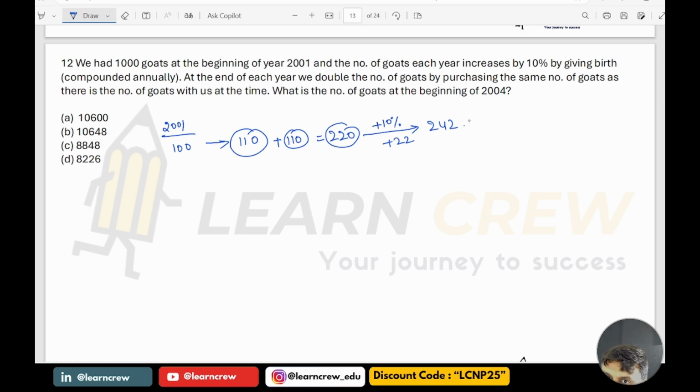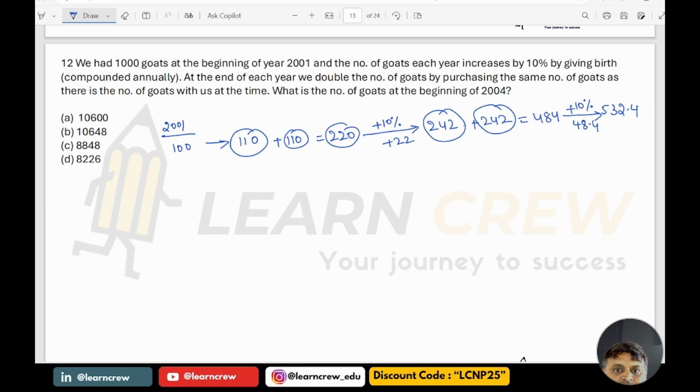Now again you are doubling this, so it becomes 484. This again increases by 10%, so 48.4 increase, so it is 532.4.